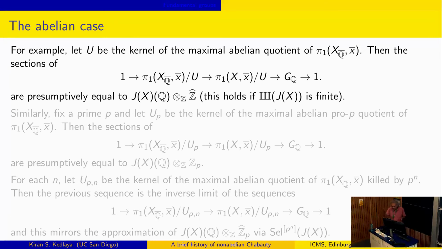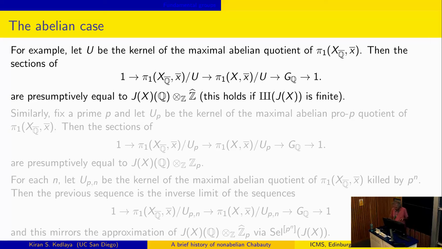Okay, so for example, say U is the kernel of the maximal abelian quotient. Then essentially the sections are, well, it's a Z-hat module instead of a Z module, but other than that, it's basically the rational points of the Jacobian, at least if Sha is finite.